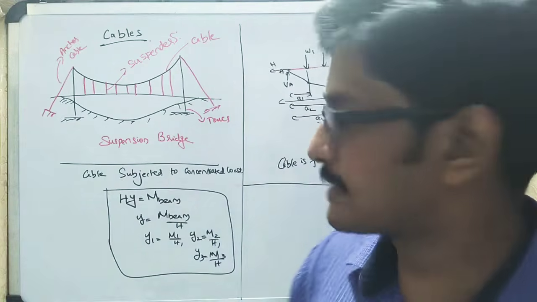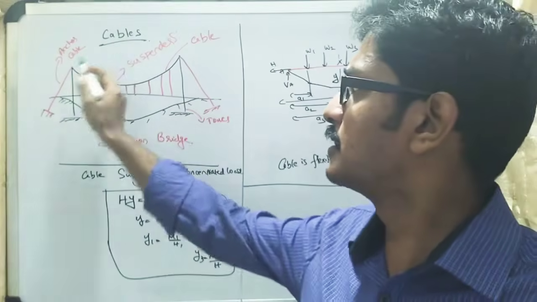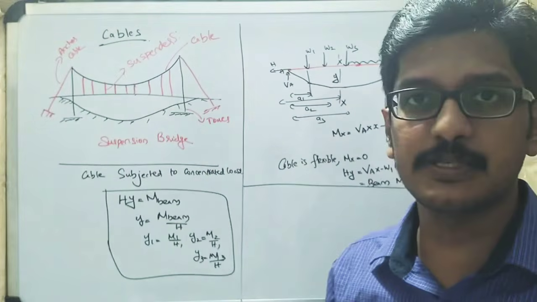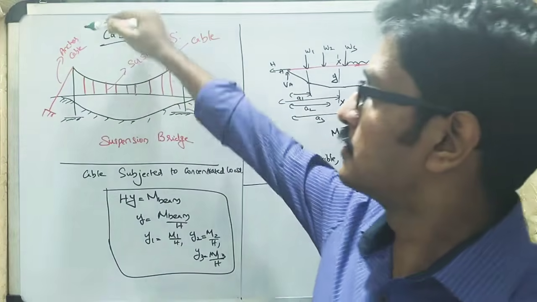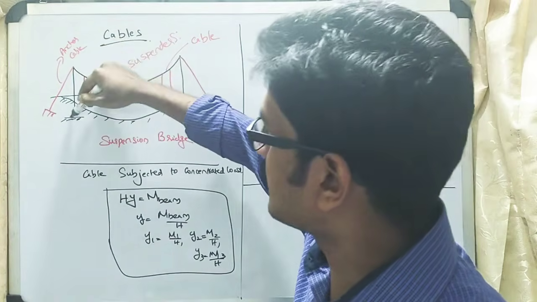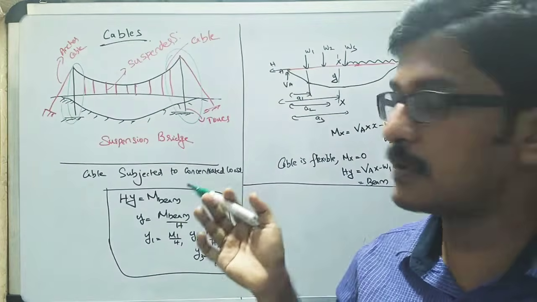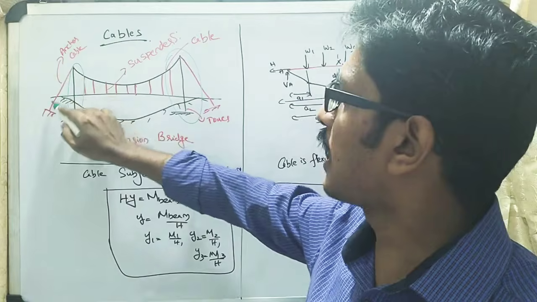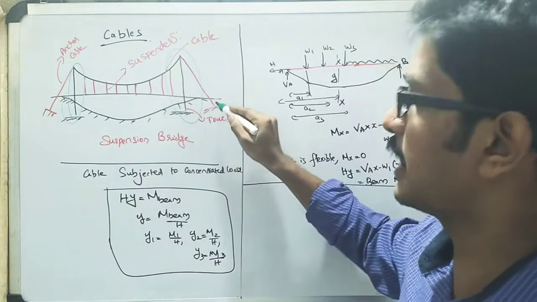So first of all we will discuss an example. This is an example of a suspension bridge. This is one of the applications of a cable. Here these cables are connected with these towers. So this is an anchor cable, here are the suspenders, and here is again the cable.